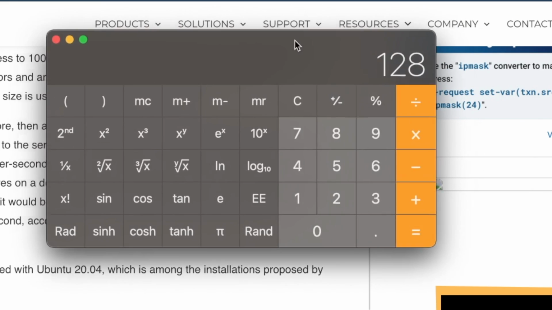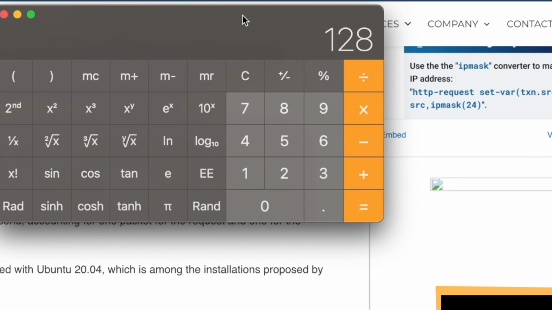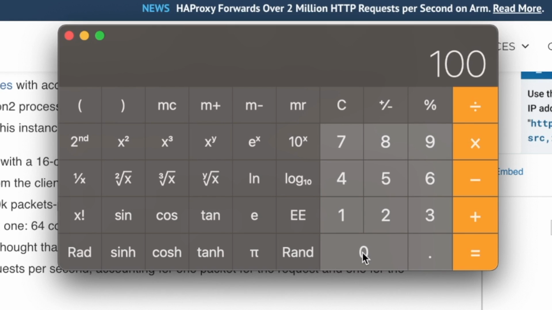How many packets could I send on 100 gigabit, theoretically speaking? Let's do some math. 100 gigabit, make sure this is gigabit, so you have to divide it by 8 to make it bytes. A 100 gigabit network is 12.5 gigabytes, right? So you can send 12.5 gigabytes in a single second on this beautiful network that Willie has.